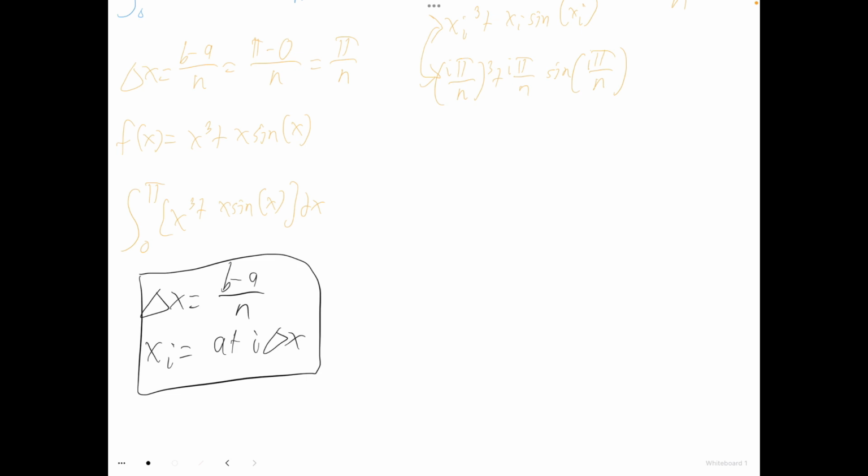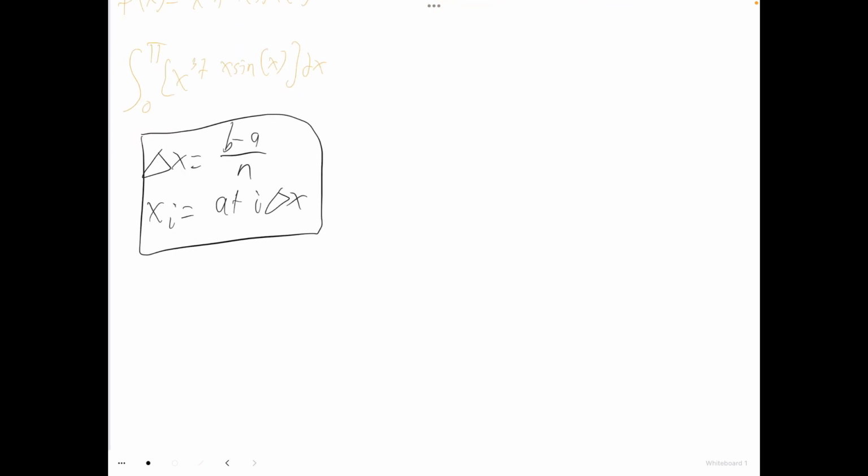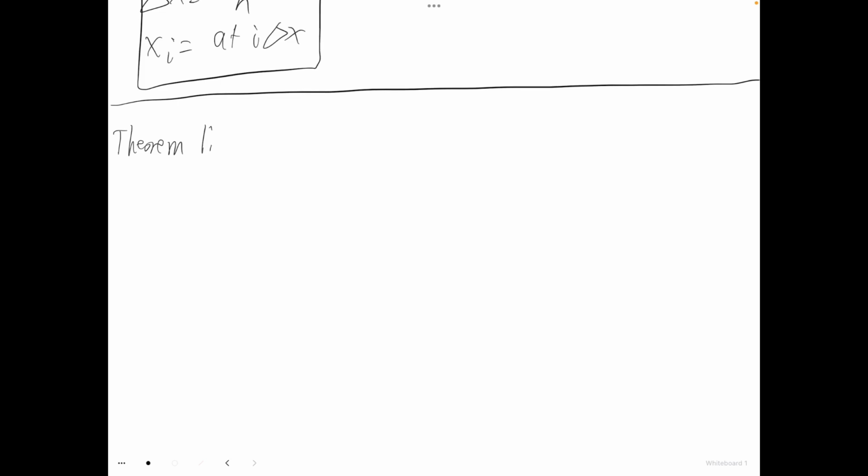So now we want to talk about some properties of definite integrals. The first is a very helpful theorem.